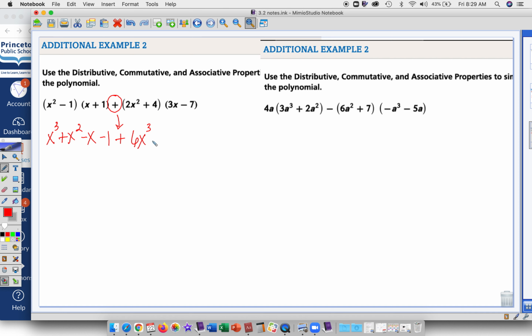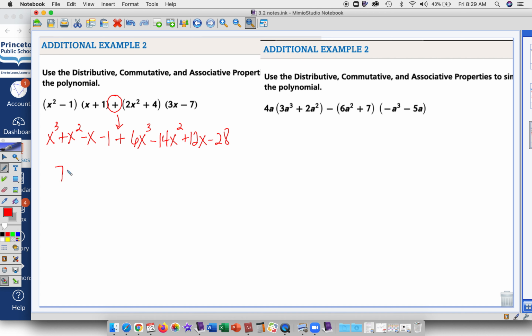2x squared times negative 7 is minus 14x squared. 4 times 3x. And 4 times negative 7. And now I combine like terms. So I have an x cubed plus a 6x cubed, did I say times? I don't know.